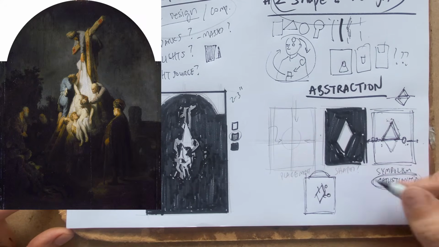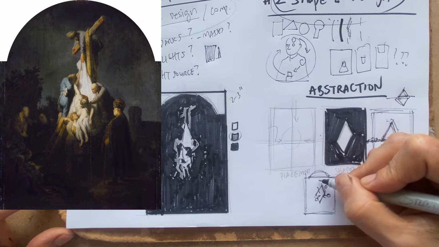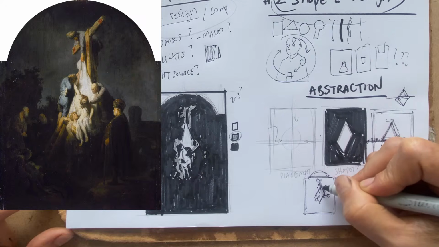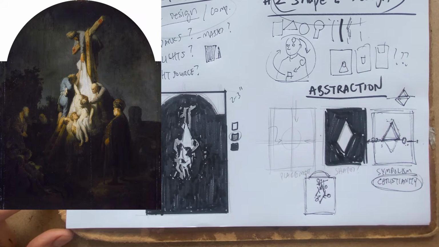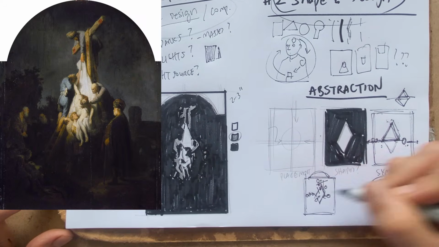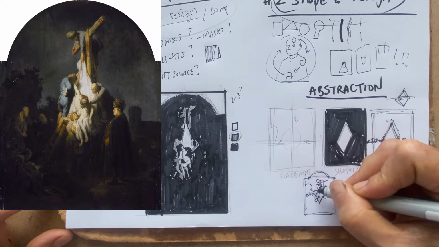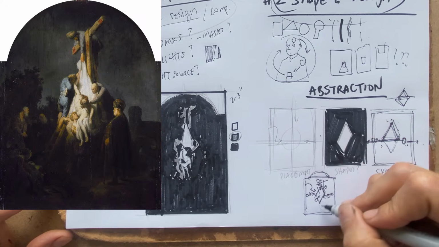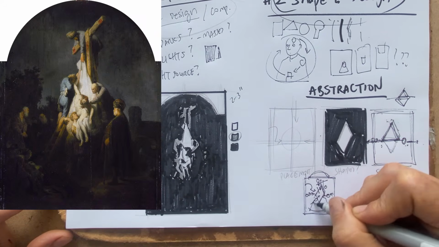Jesus' arm is like this. Two figures are looking up at him. The man is looking down and reaching his arm down. The cross is pointing down. These figures in the background are looking at him. Lots of stuff is leading your eye directly to center, and there's a big triangular mass.